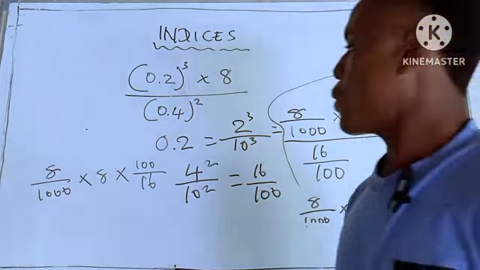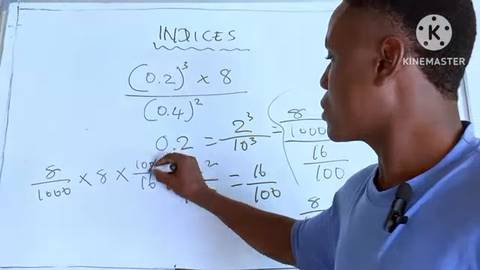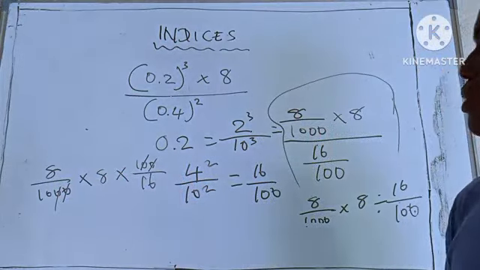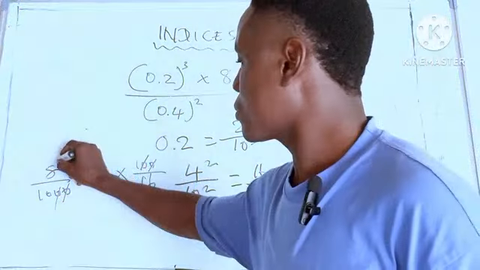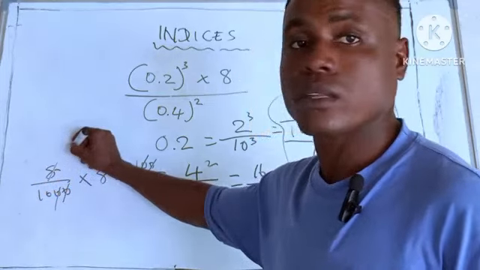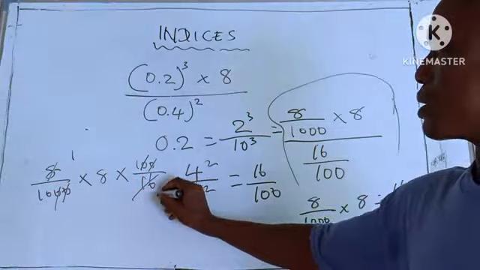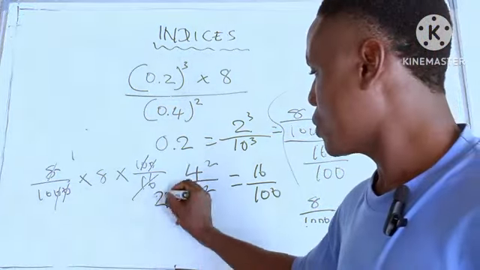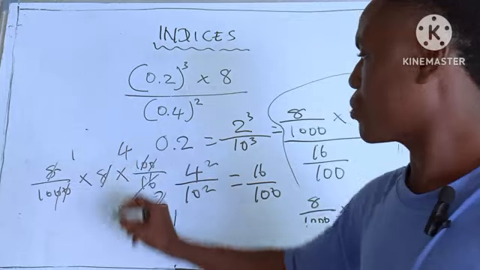Okay, so now we can easily cancel, right? 0 0, that is two zeros. So take note. Here we can cancel 8: 8 divided by 8 is 1, 16 divided by 8 is 2. I think we can still cancel: 2 divided by 2 is 1, and 4.